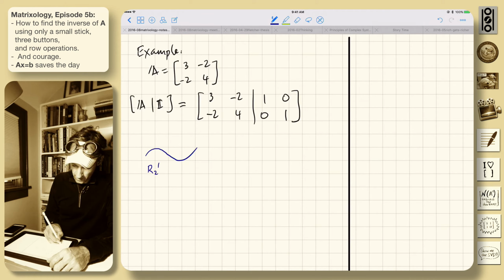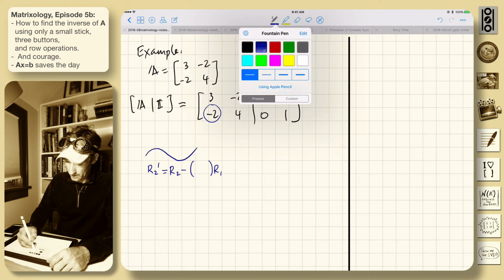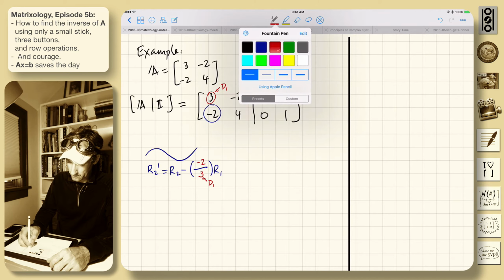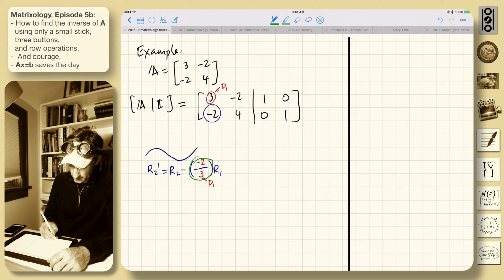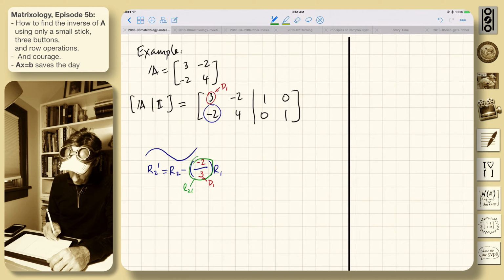So row 2 prime, we're going to get rid of the -2. Row 2 prime is row 2 minus something times row 1. This is pivot 1, and it goes on the bottom. The whole thing here is L21, the multiplier, which I'll write as -2/3.